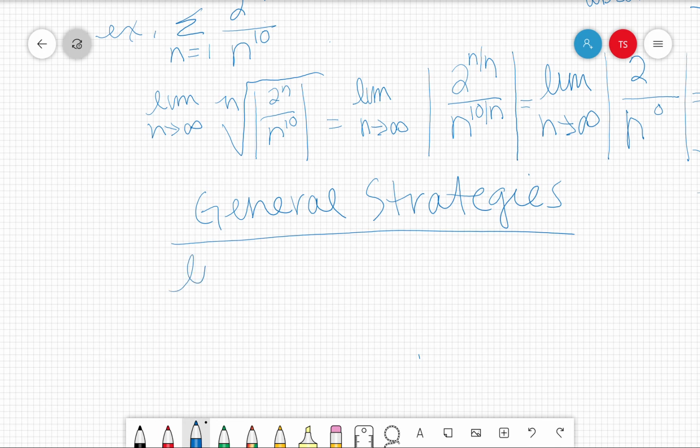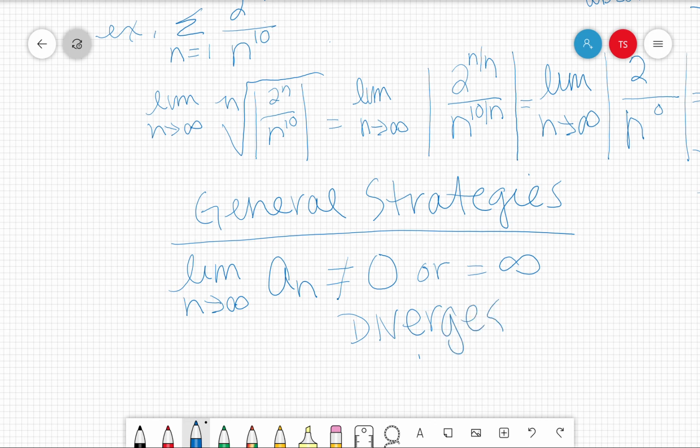The first thing we want to do is take the limit as n goes to infinity of our nth term. If that does not equal 0, or if it equals infinity, then it diverges. We're done. You're going to stop there. So that's the first thing we want to do.